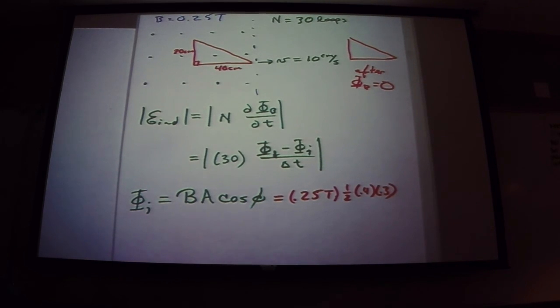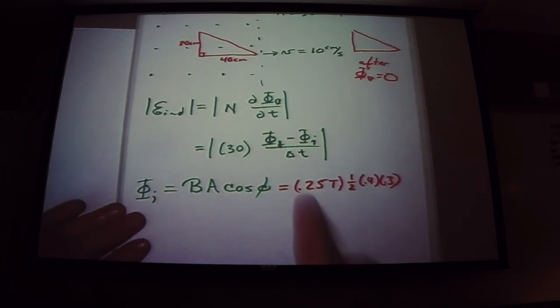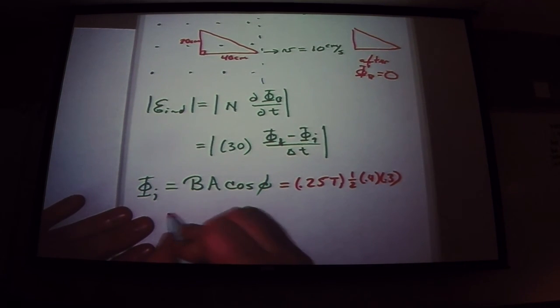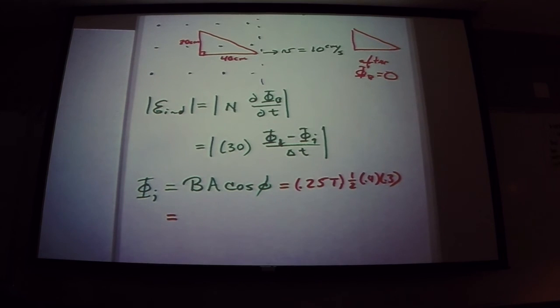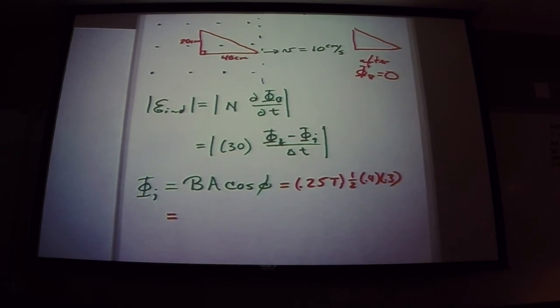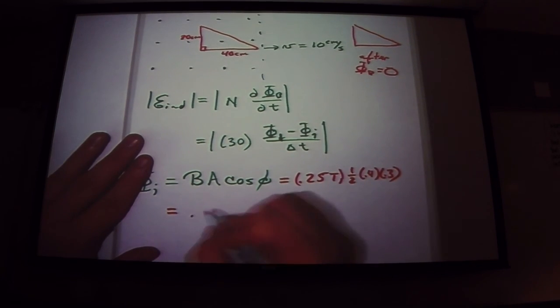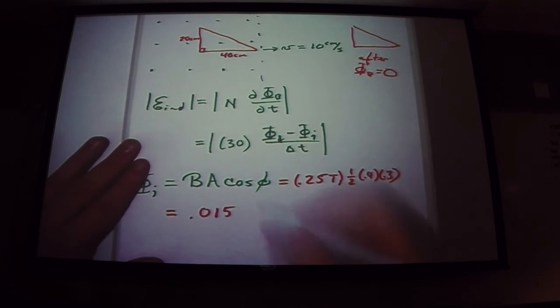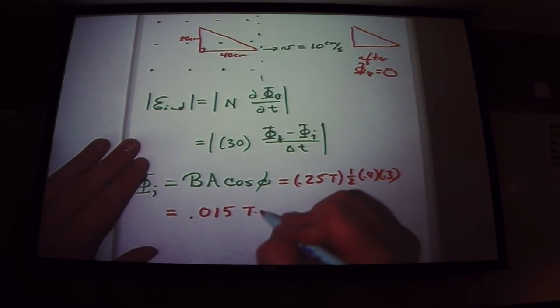Cosine of phi is 1. So somebody multiply this out. Tell me what you get, because I just made up the numbers. I have no clue. 0.015. Sounds good. And this is Webers or Tesla meter squared. Either one is acceptable unit for a flux.